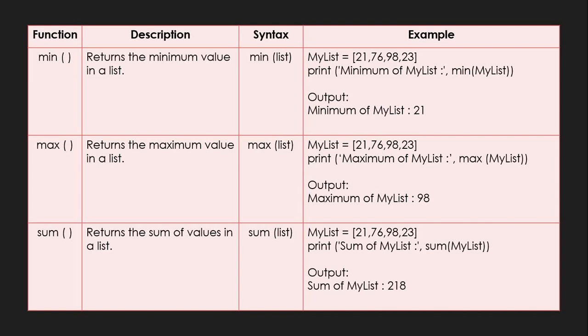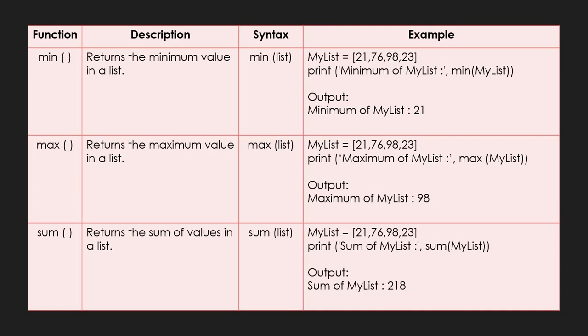So remember that whenever you declare a list of values, you declare them in square brackets. Look at that example on screen. my_list is equal to 21, 76, 98, 23. Four values you have declared in the list, and the name of the list is my_list. If you want the minimum value of the list, you say min of my_list.